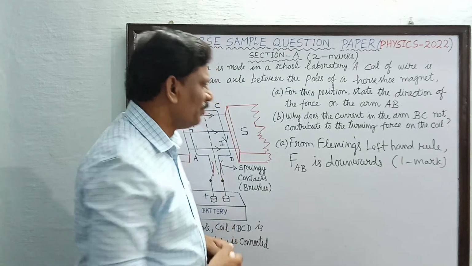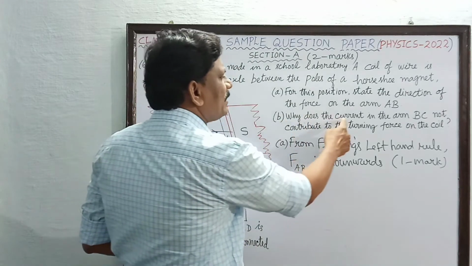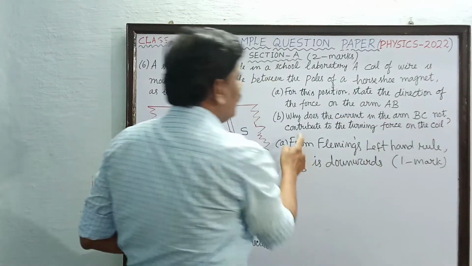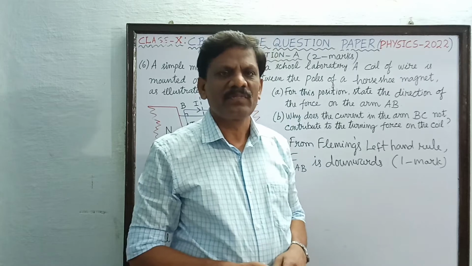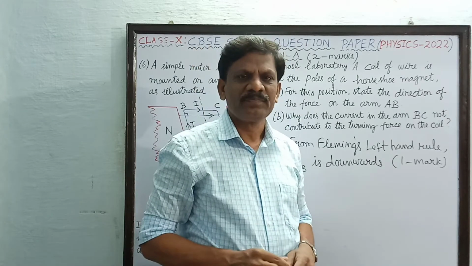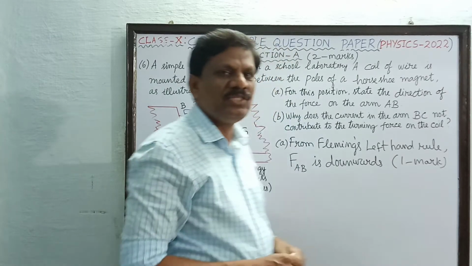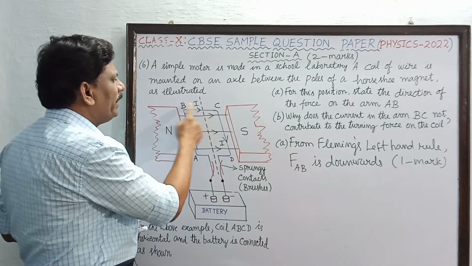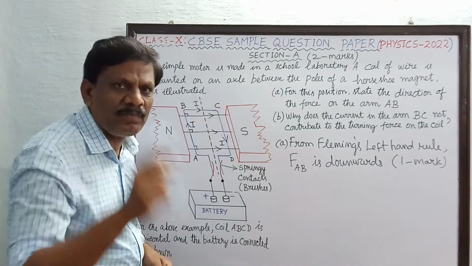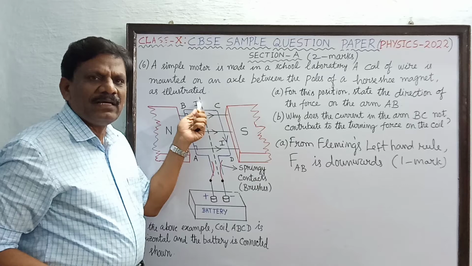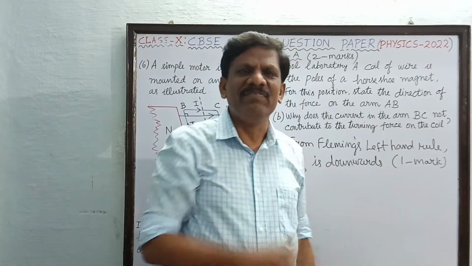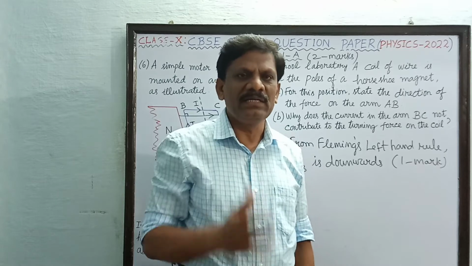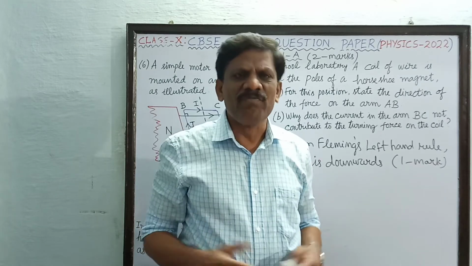Next part. Why does the current in the arm BC not contribute to the turning force on the coil? It's a very good question. I have already explained to you. In this branch B to C, see how the current flows. The direction of the current is in the same direction as the magnetic field. So here it experiences no force.